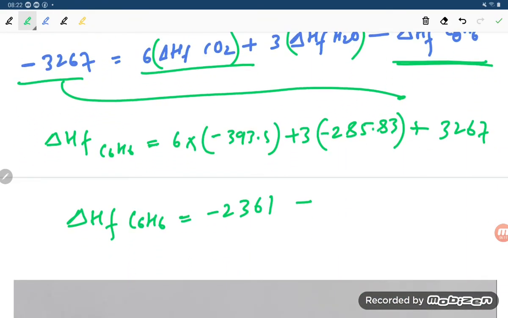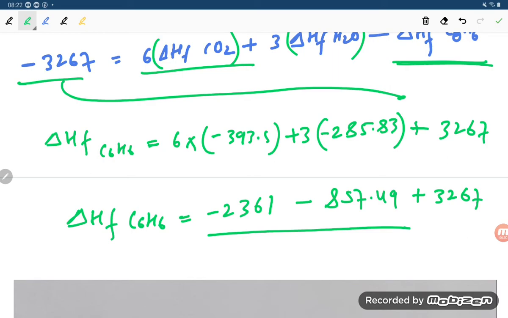So we multiply 3 by 285.83, and negative 857.49 is coming, plus 3267.